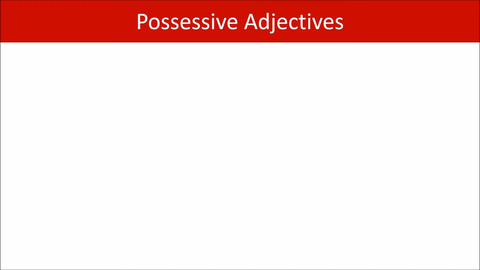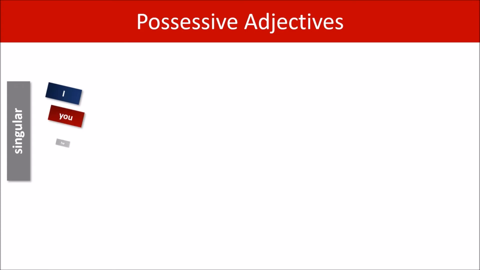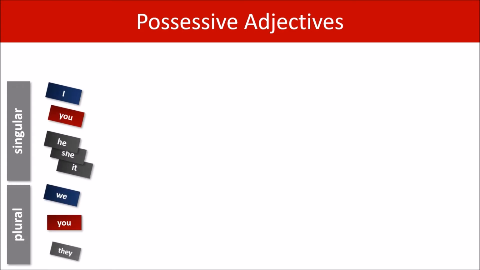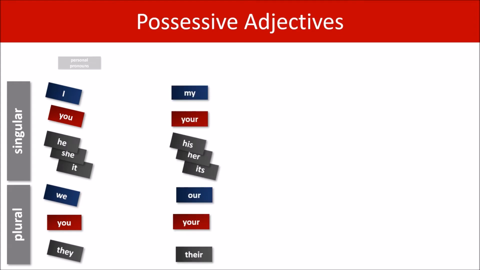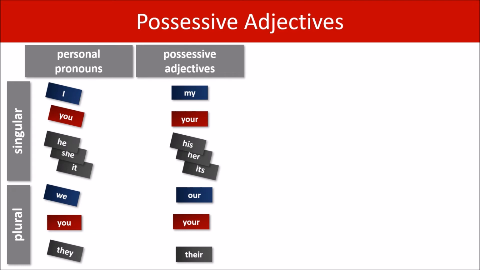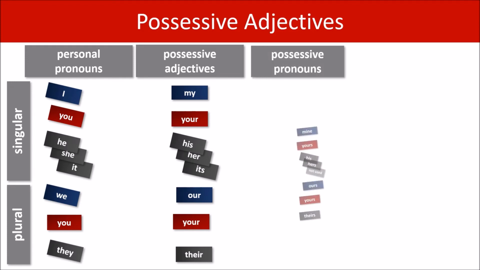Okay, let's start giving you some of the terminology. So what I'm putting up here are the singular and plural personal pronouns. And here are their corresponding possessive adjectives. So these are the personal pronouns and these are the possessive adjectives. What I'd also like to put up, just to clear something up, are the possessive pronouns.